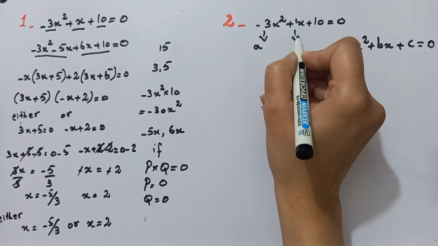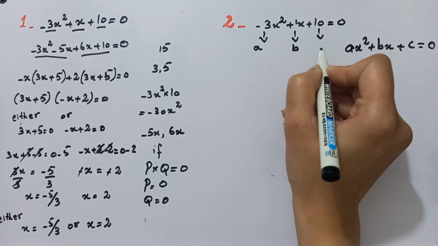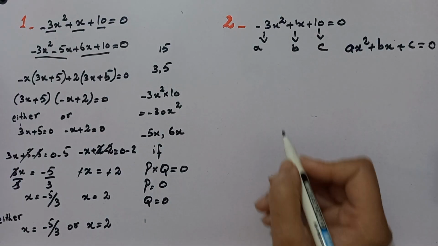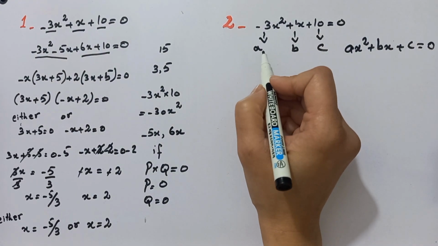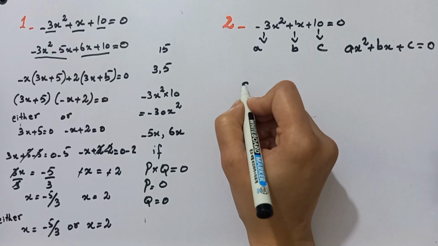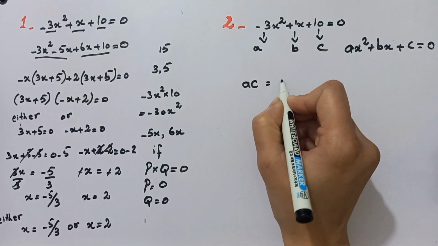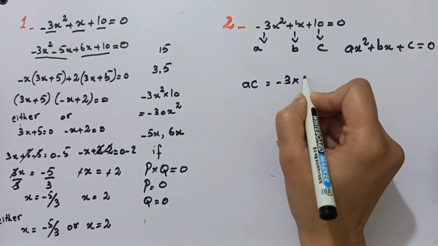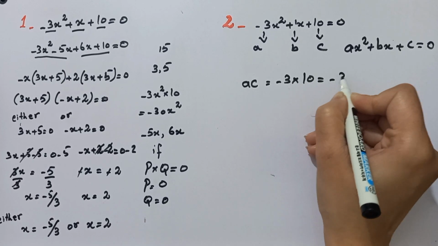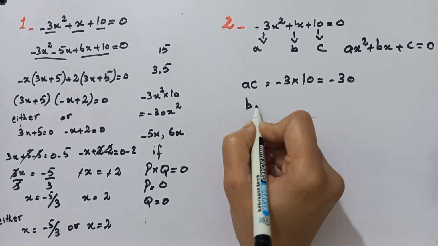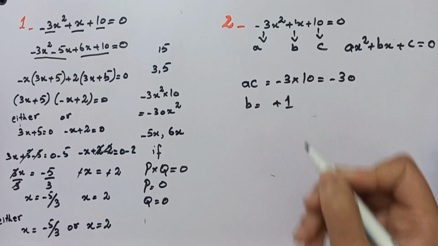Here we have 1, which is b, and 10 is c. First of all, we will multiply a and c. A is minus 3 multiplied by c is 10. We have minus 30. Then we know that b is plus 1.